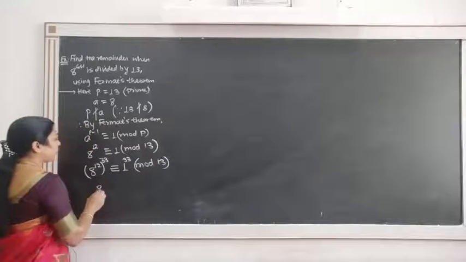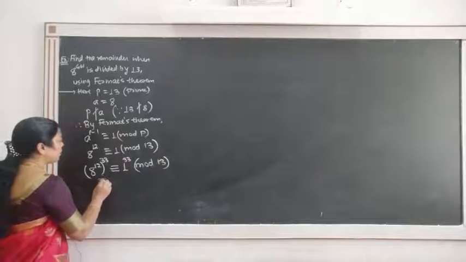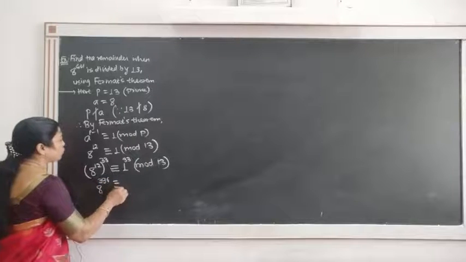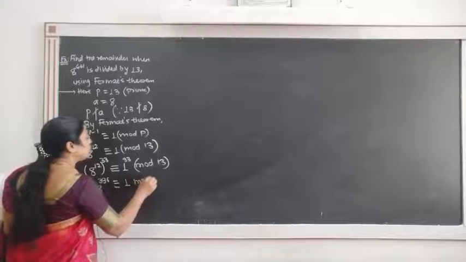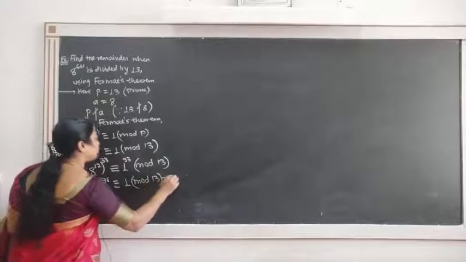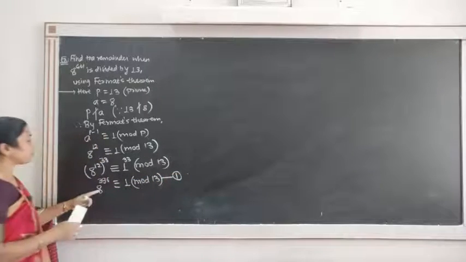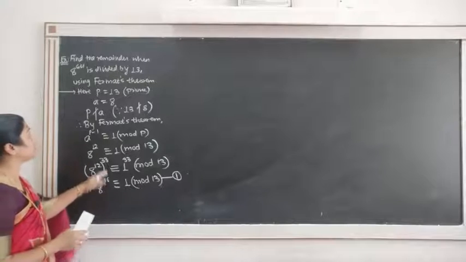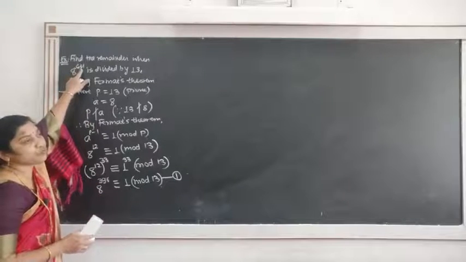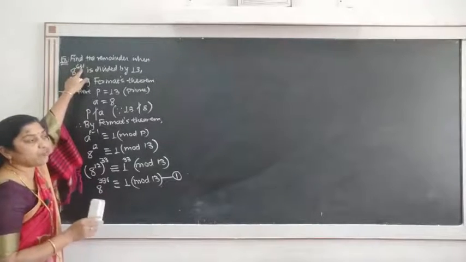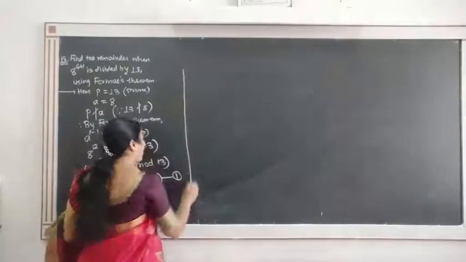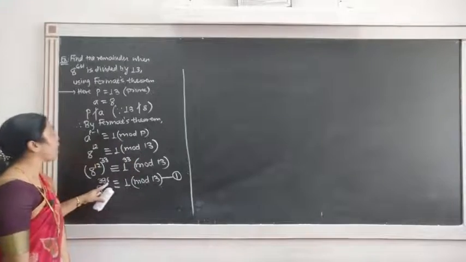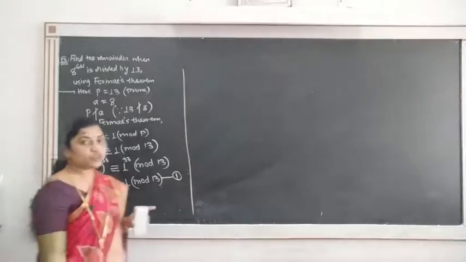This means that 8 raised to 396 is congruent to 1 raised to 33, that is 1 modulo 13. So in the first we get 8 raised to 396. We want 8 raised to 401. So now we want 8 raised to 5 power. 5 remains after 396. If you add 5, we get 8 raised to 401.